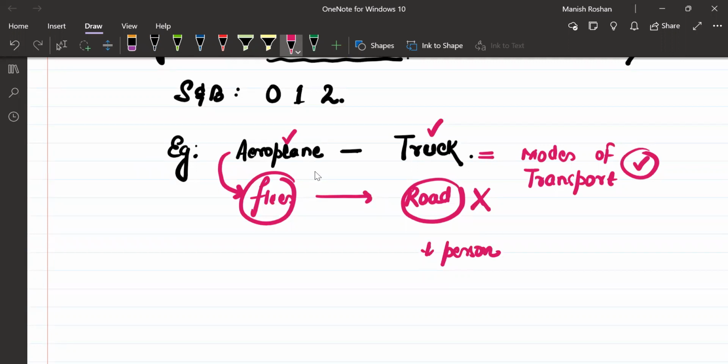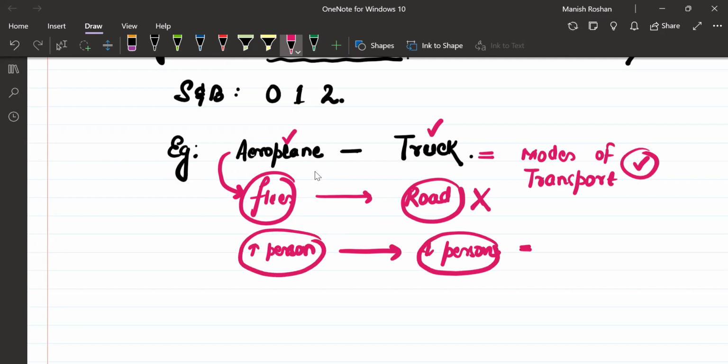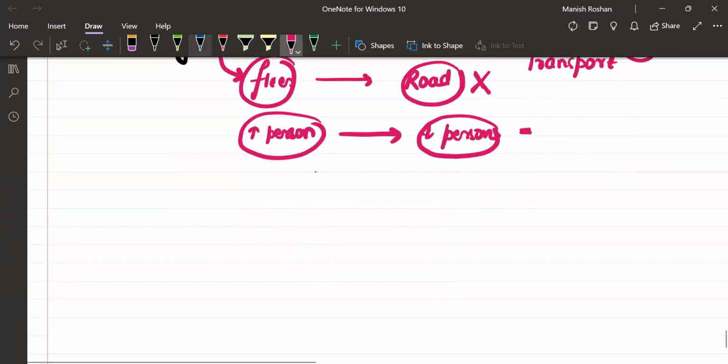It is a mode of transport in which it carries more number of persons. Then again, this answer is correct because mode of transport is there, although the person has included more number and less number. Similarly, you can ask regarding the famous apple and orange.